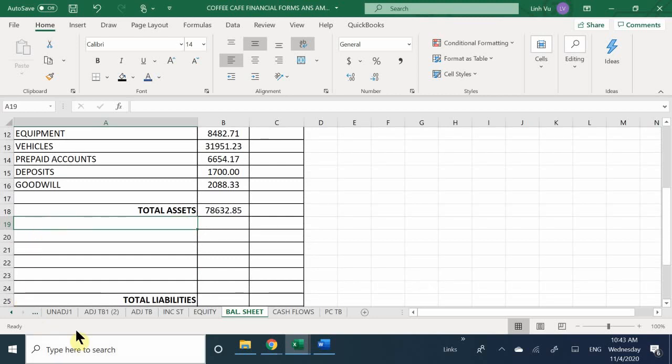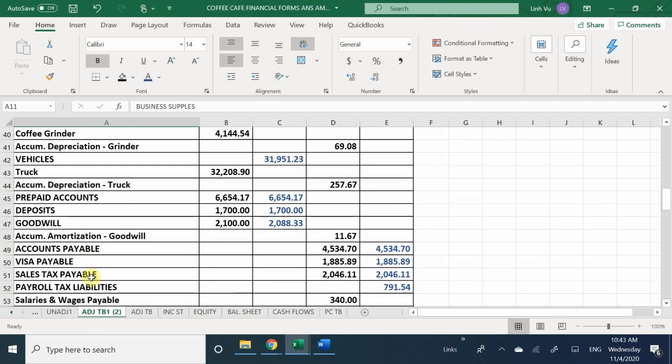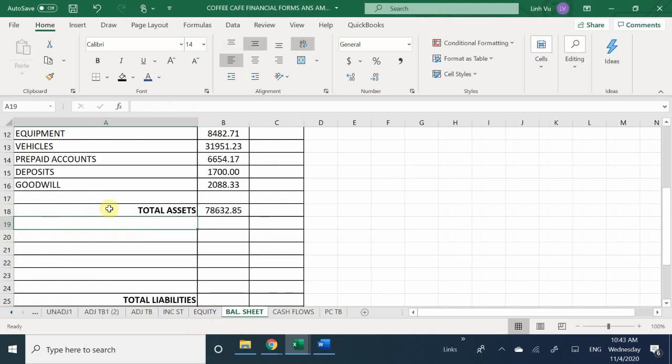Our first liability that we have is going to be our accounts payable. Accounts payable, Visa payable, sales tax, payroll tax. Okay, so here you go. Balance sheet. My total accounts payable, Visa payable.